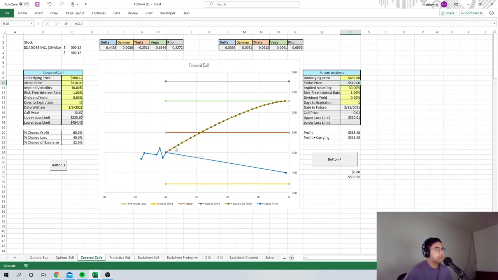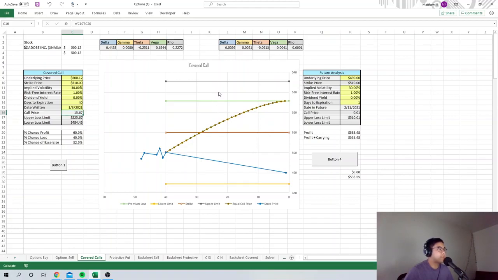This is when it's at the call price. If the stock goes up to here, then the call price is going to be 15.67, which is what we have. If it goes at any point along this line, along 40 to 0, it's going to be at the same price. So you can buy it back for the same amount. Anything under this line, you can buy it back at a lower price.